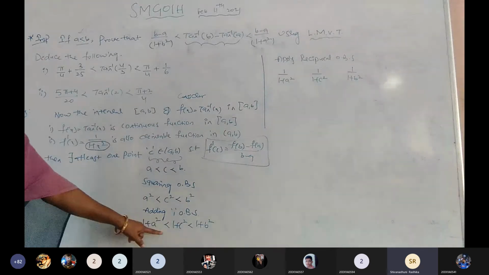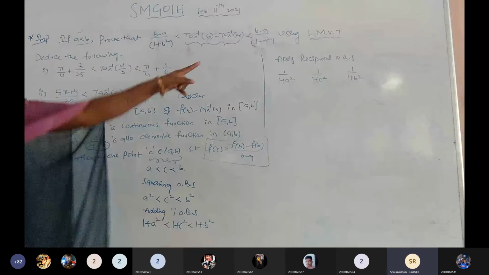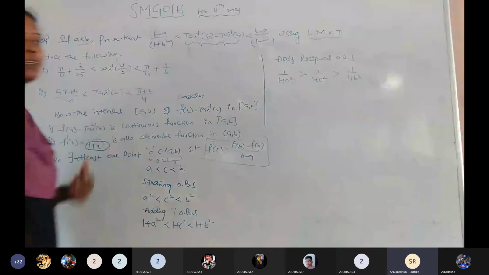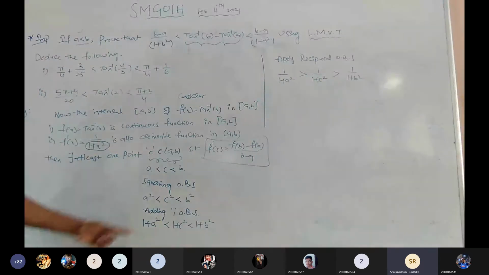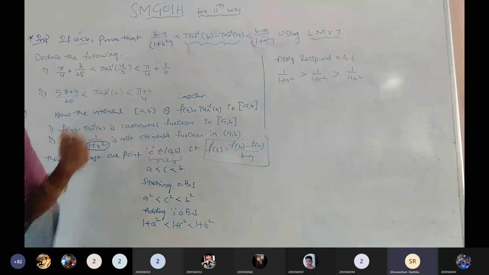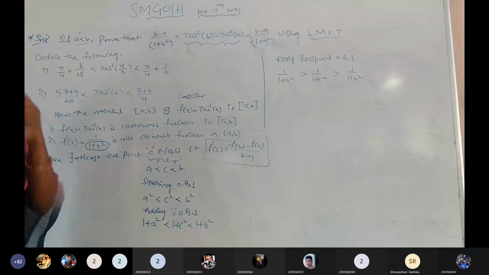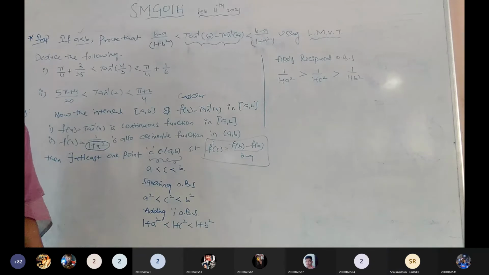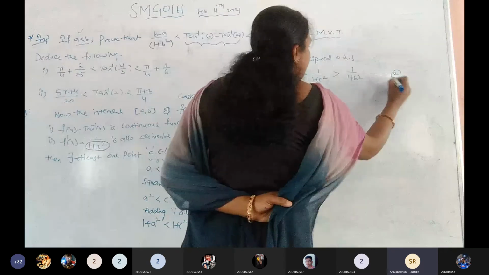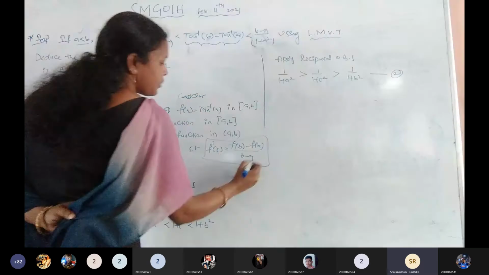Here it is the less than symbol now, so we need to change it to the greater than symbol. When we apply reciprocal, less than becomes greater than, and greater than becomes less than. Is it clear? Any doubts? Clear, ma'am.